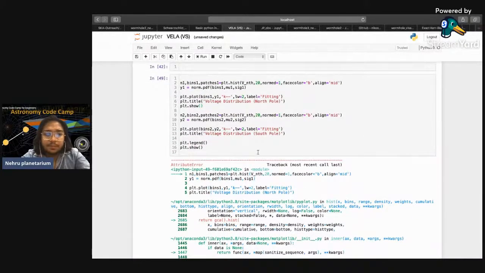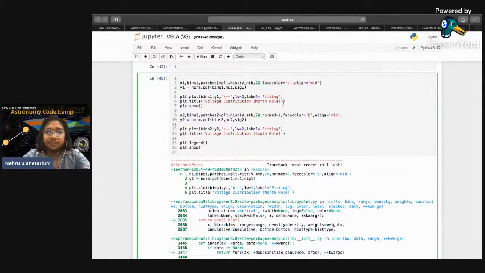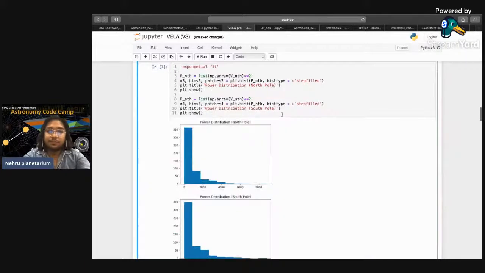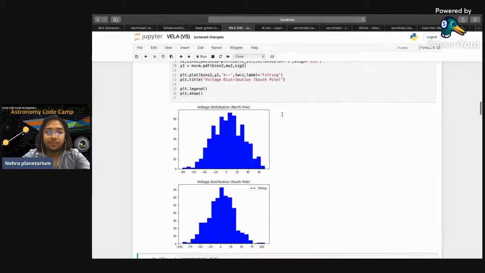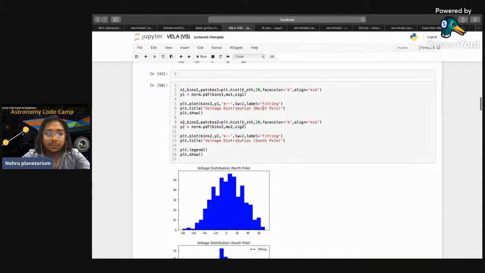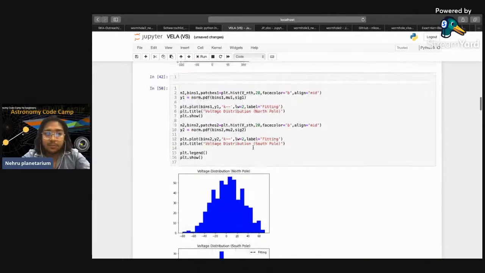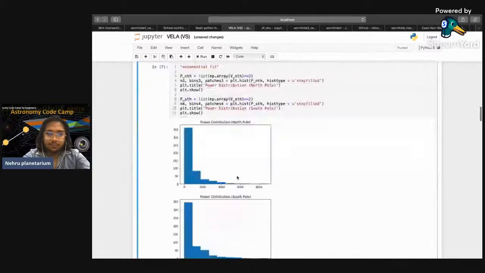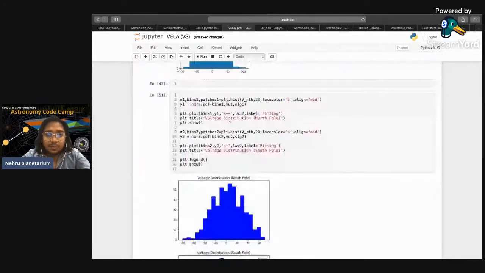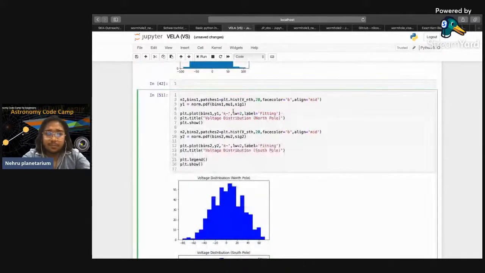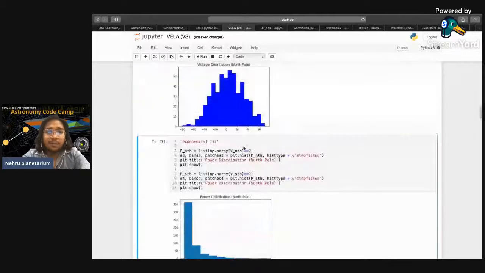Okay, maybe there is some issue. Seems right now it's not following what it should follow. Maybe some issue with updating my library right now.